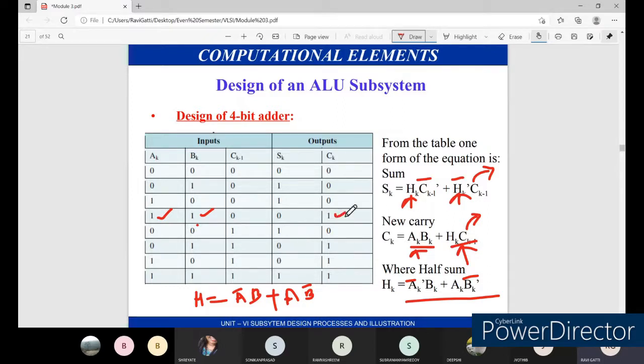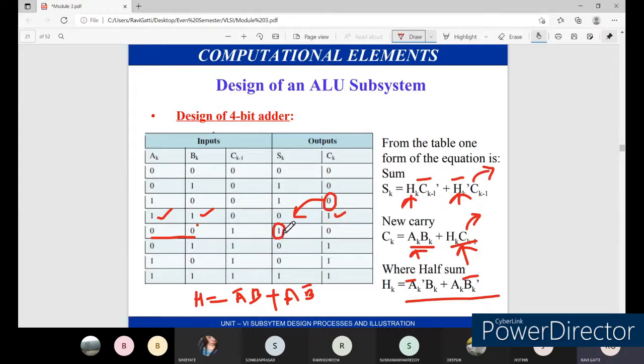So therefore you are getting Ck is equal to 1. You can see the previous case, where the carry is equal to 0, so you are getting the sum accordingly. Now consider one more condition. When A is equal to 0 and B is equal to 0, what will be your sum?